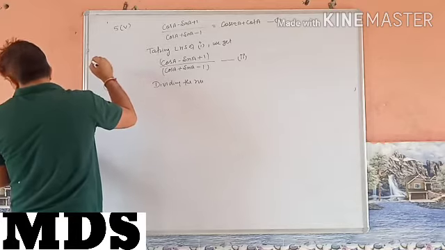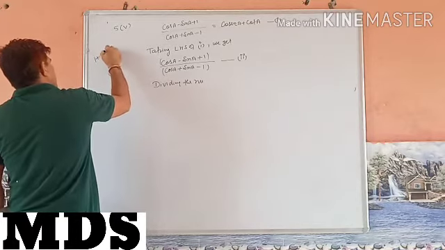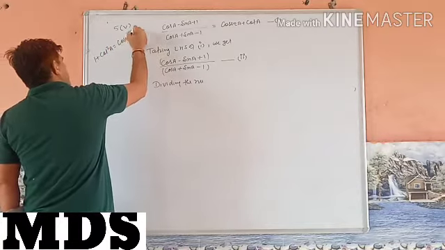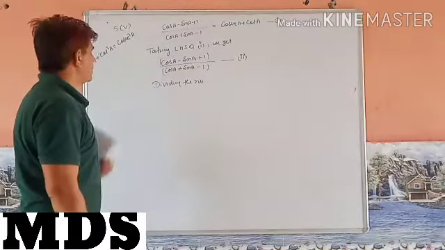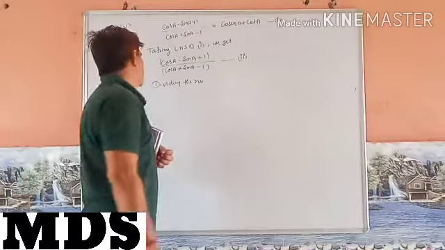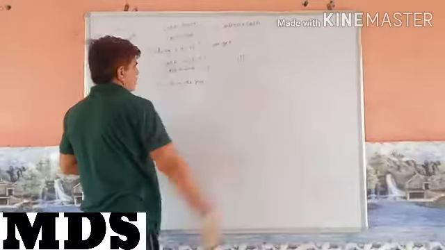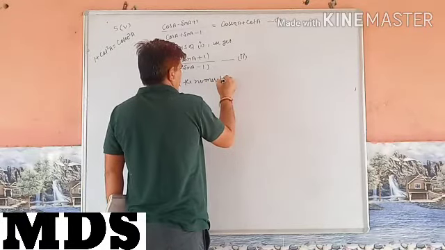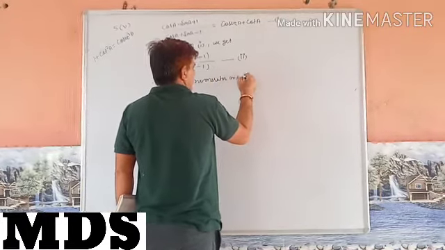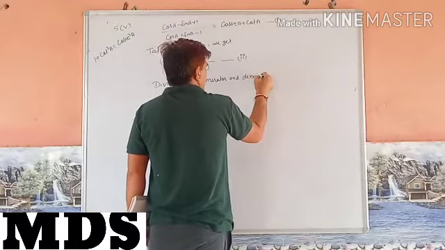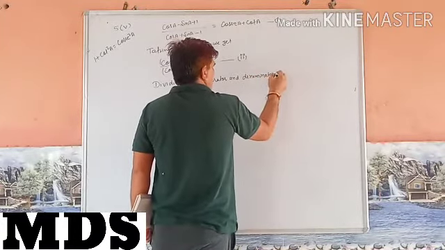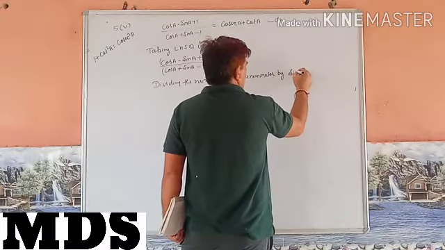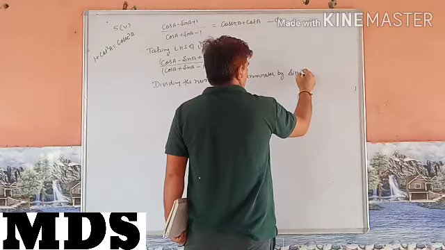Which identity we have to use? 1 plus cotangent square A equal to cosecant square A. So we will try to convert this completely in this form. That's why we will divide the numerator and denominator by sin A.